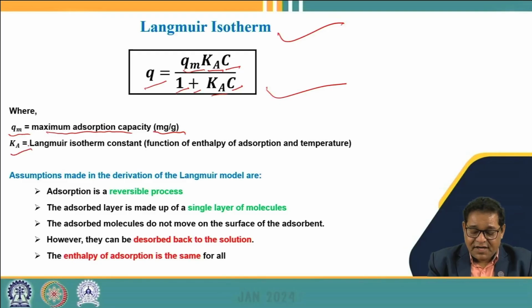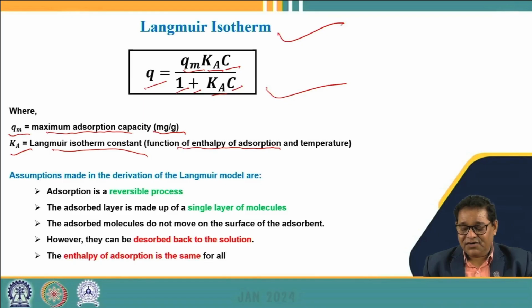Ka is the Langmuir constant, which is a function of the enthalpy of adsorption and the temperature, whereas C is the concentration of the pollutant and Q is the adsorption capacity.